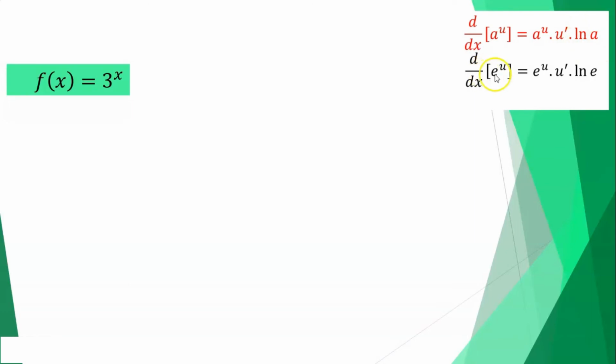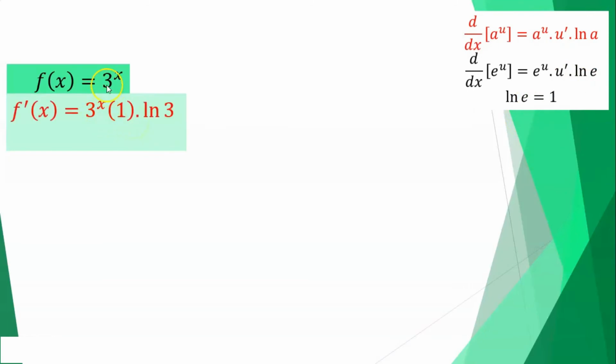Again, for e to the power of u, the base is e, and ln of e is just equal to 1, so that is simply cancelled. So our derivative here is 3 to the x, the derivative of the exponent is 1, times the natural log of the base, which is 3. So the final answer is 3 to the power of x, natural log of 3.